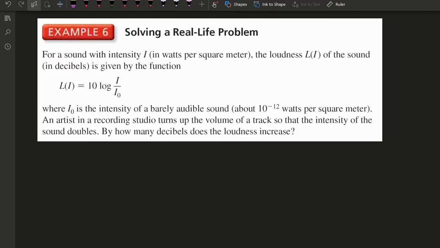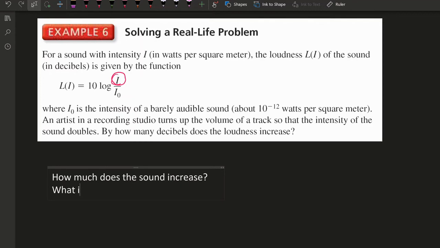So, the thing that I want to point out is that we are going to be doubling it. So, when I ask how much does the sound increase, what I'm asking is what is the difference between the original amount and the new amount.